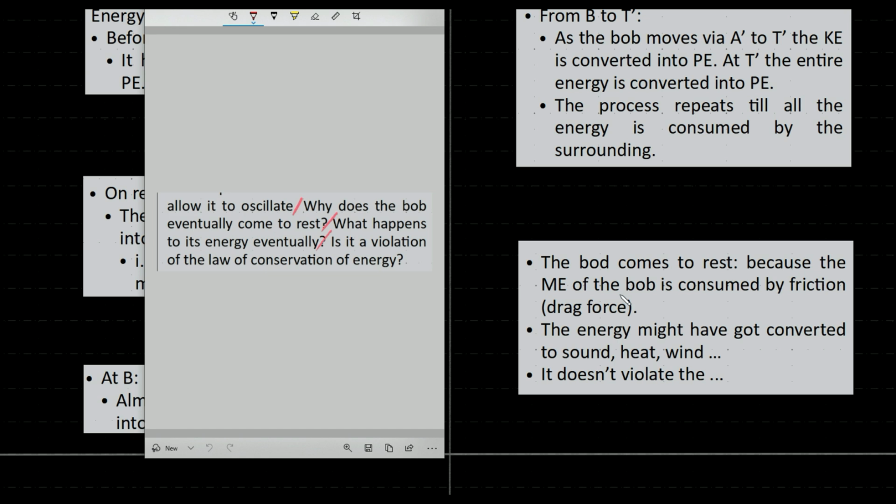Some energy gets transformed and we have the energy getting converted to sound, heat and wind. We can hear some kind of sound if we go very close to the object that is oscillating. Of course, heat and wind, wind is nothing but movement of air. It pushes the air away.